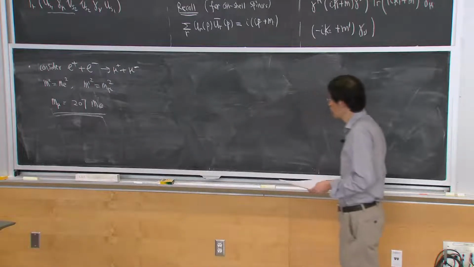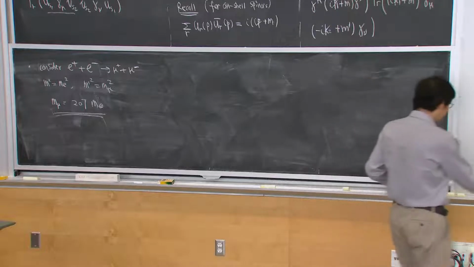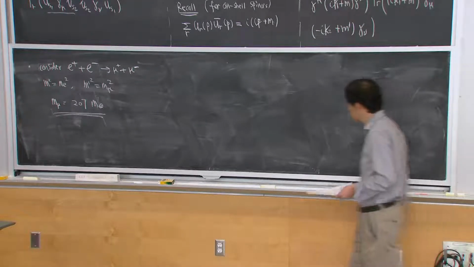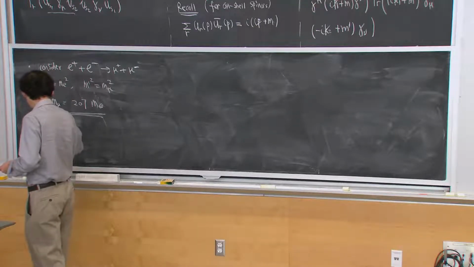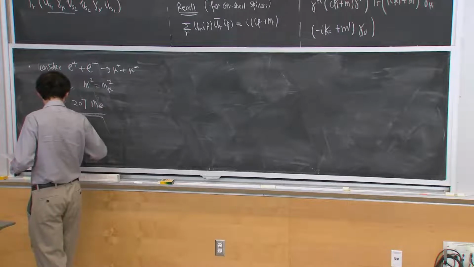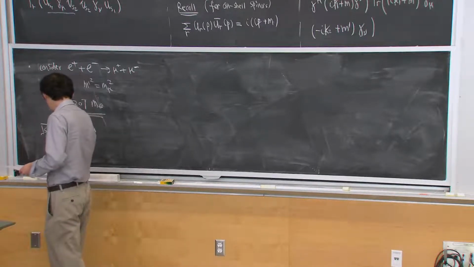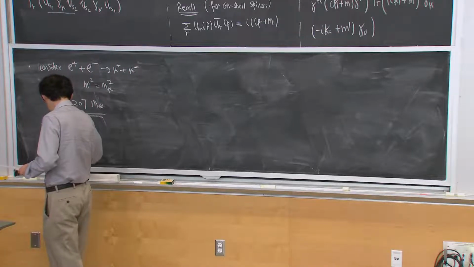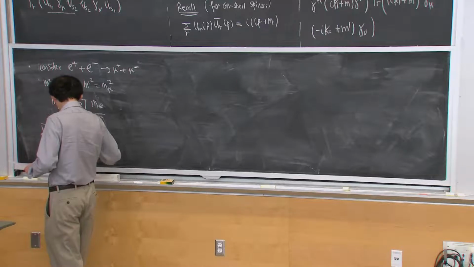So if you want to create the muon, then the initial total energy, the square root of S, which is 2E, has to be greater than 2 m_mu. So that means E has to be greater than m_mu, which is much, much larger than the electron mass.